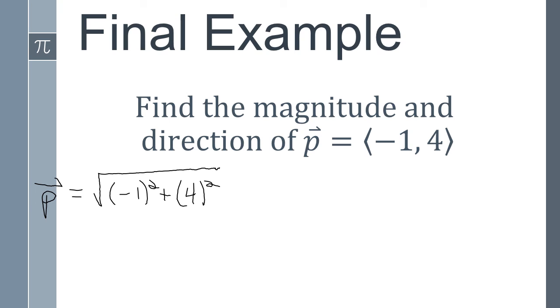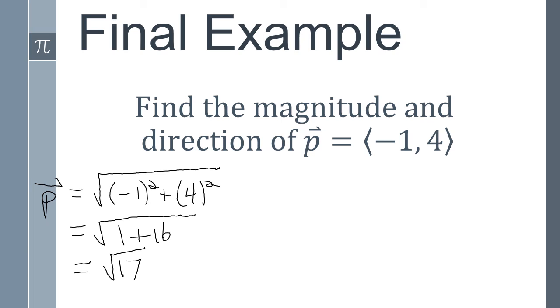That's all you have to do is plug it in. You end up with the square root of 1 plus 16, which is equal to the square root of 17. Now we want to find the direction. It might help to draw it a little bit.